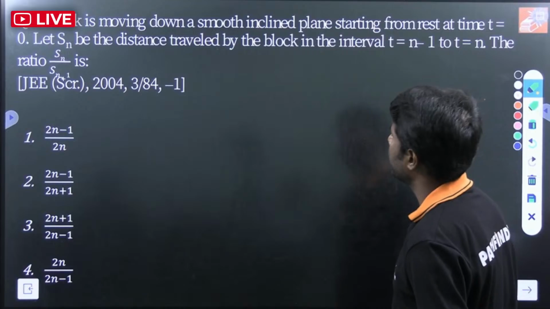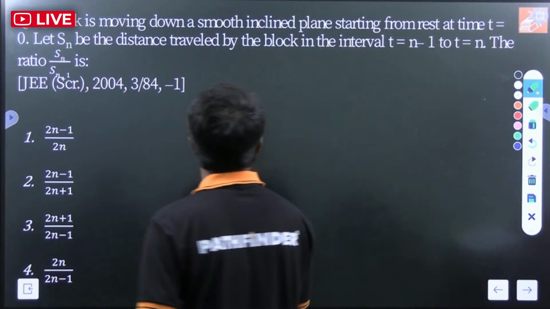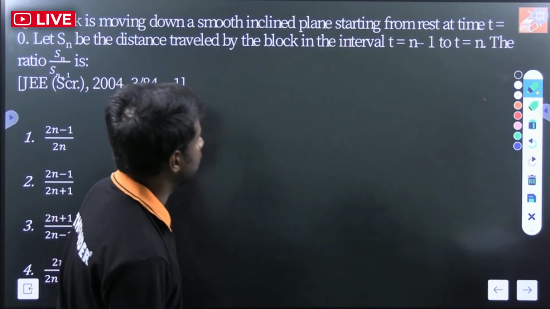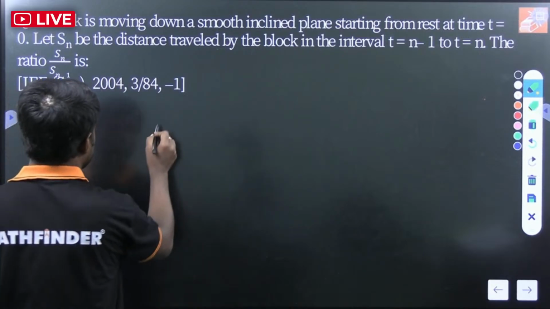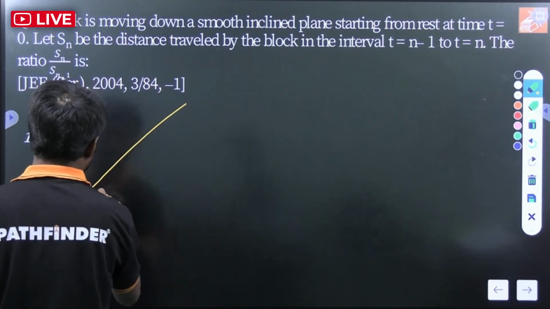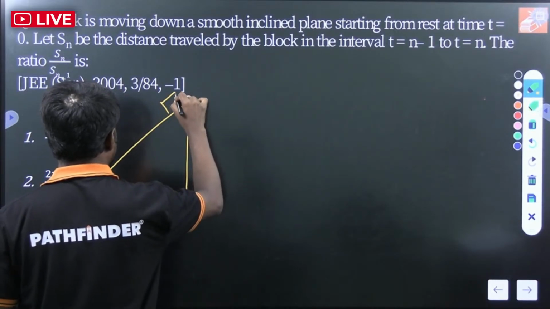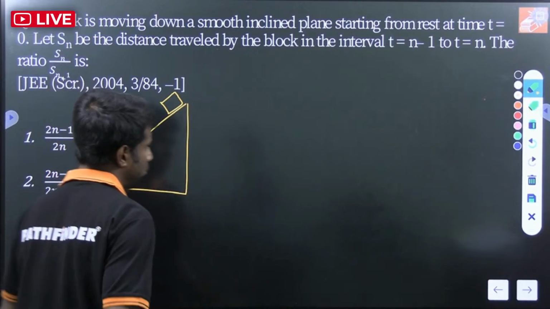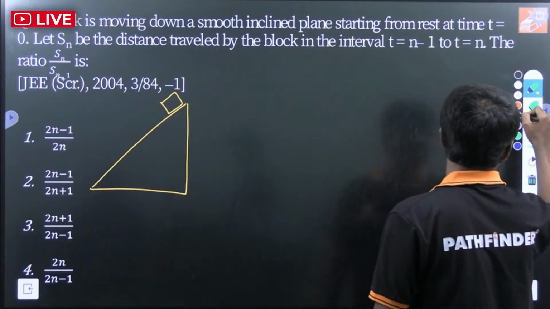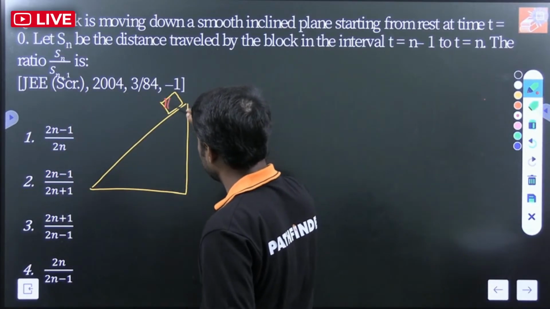A block is moving down a smooth inclined plane starting from rest. You can take this one as our diagram. One block is here, and this block starts moving from rest.